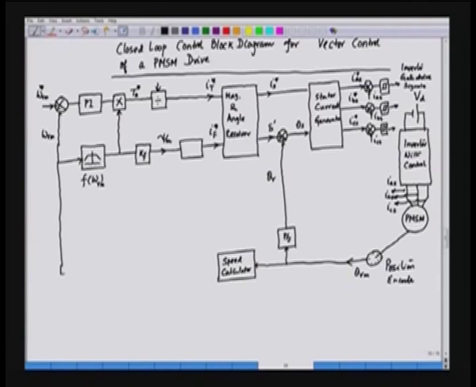So, the mechanical speed is calculated by the speed calculator, and it is fed back and compared with the reference speed, and then we have the speed controller. This PI controller that is used here is the speed controller.